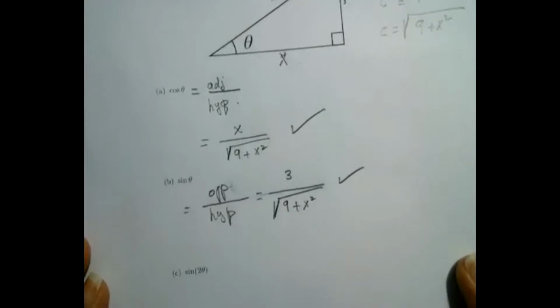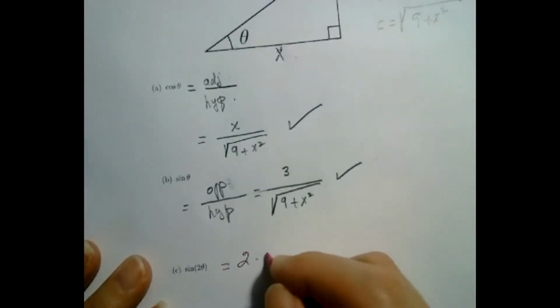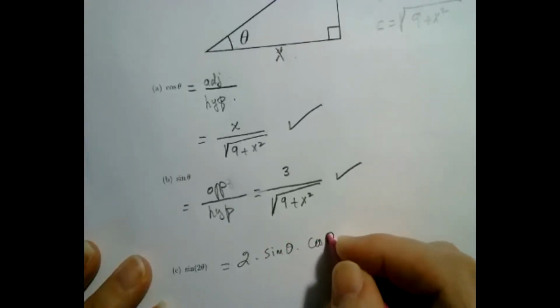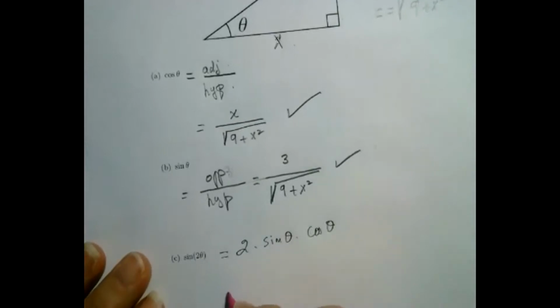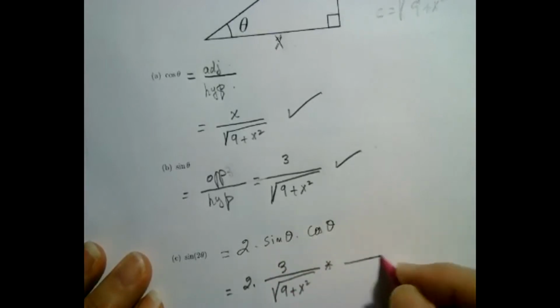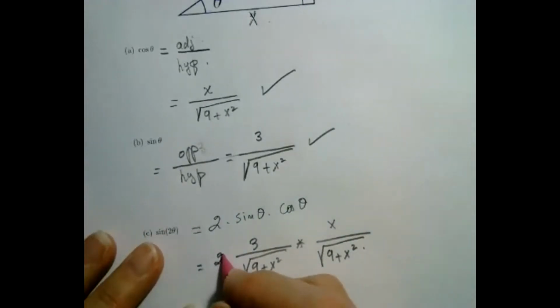The cosine 2 theta. I gave you which formula to use because I want you to be aware of them totally. And then we just multiply 2 times the sine, which is the opposite over that, times the cosine, which is x over the square root of 9 plus x squared. And now how do we simplify? Now how do we multiply fractions? 2, you can think of it as 2 over 1.